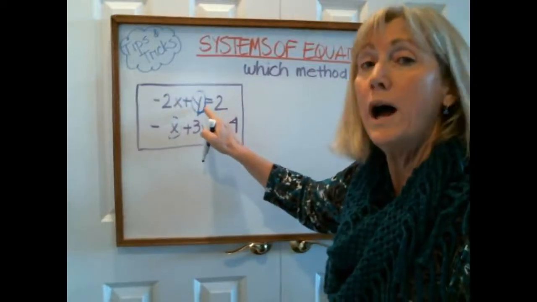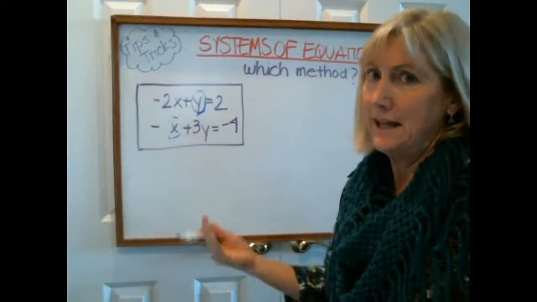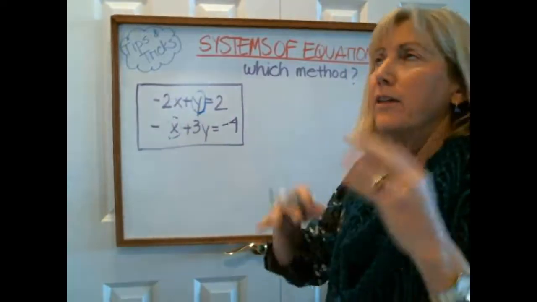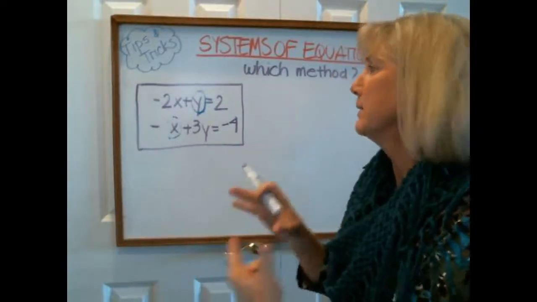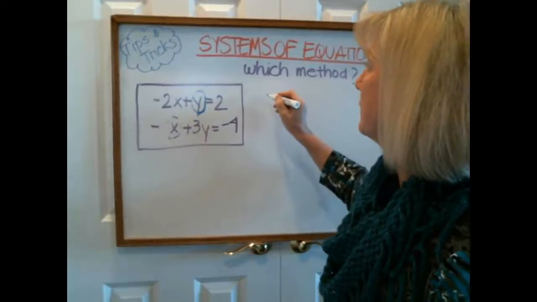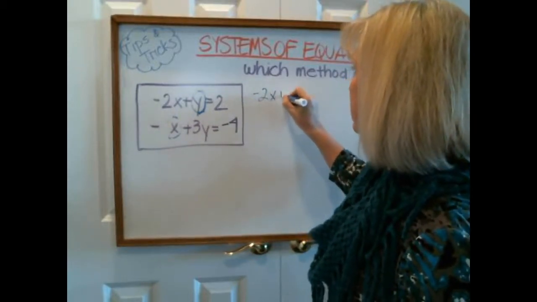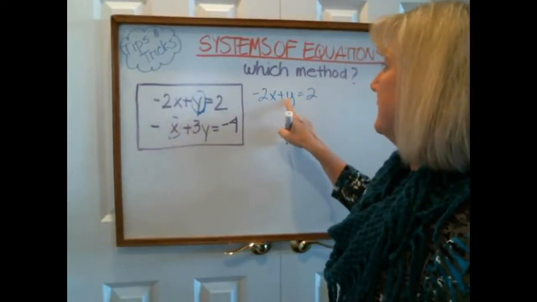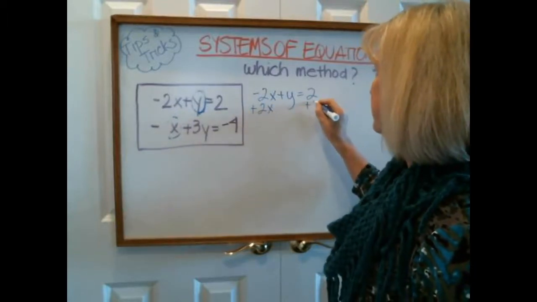Now I chose the y over the x because the x has a negative sign. Negative signs are an invitation for mistakes. So again, we want to simplify everything as much as we can. Here, if I'm going to solve for y, I have negative 2x plus y equals 2. Now I'm going to isolate y by adding 2x to both sides.